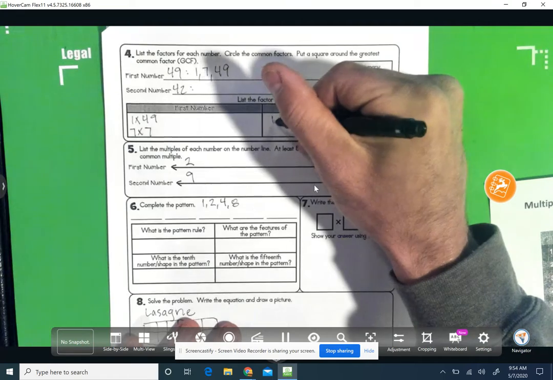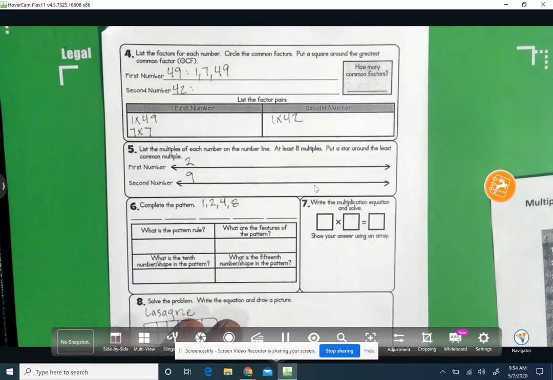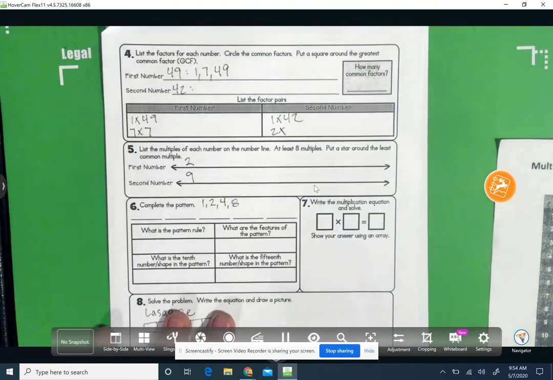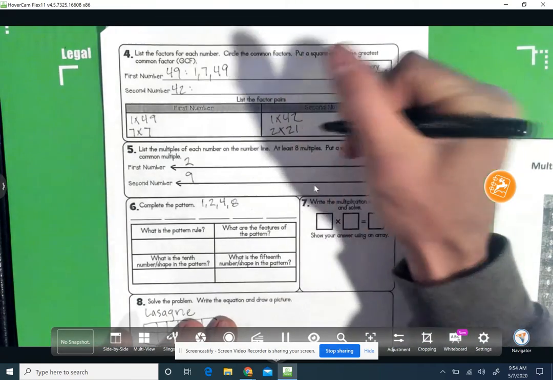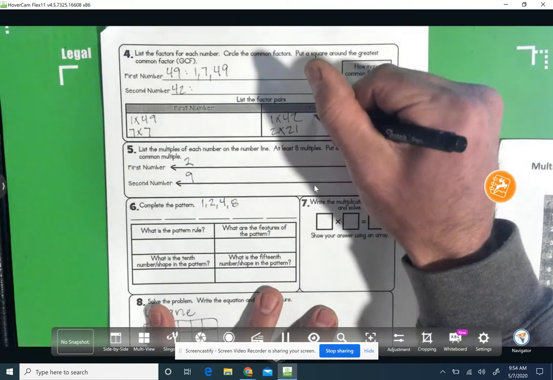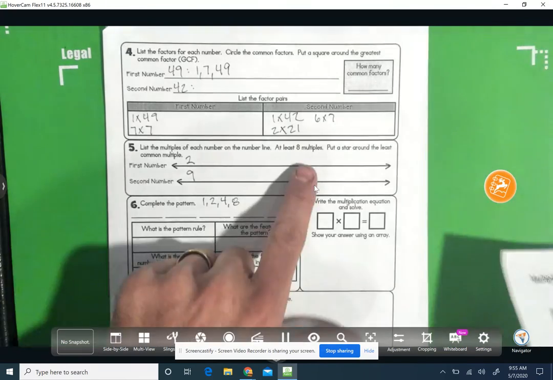Now the factor pairs of 42. We know we have 1 times 42. We know it's an even number, so 2 times something equals 42, and that's 21. And I know that 6 times 7 is 42. So looking at the factors here, I've got the ones that I know.